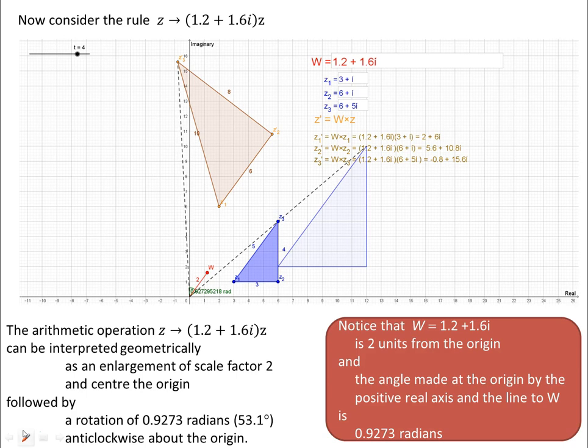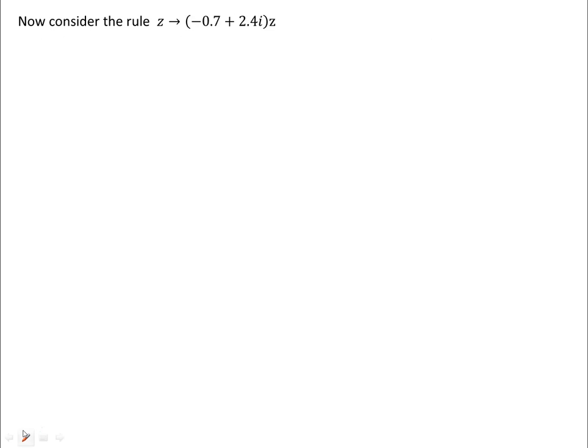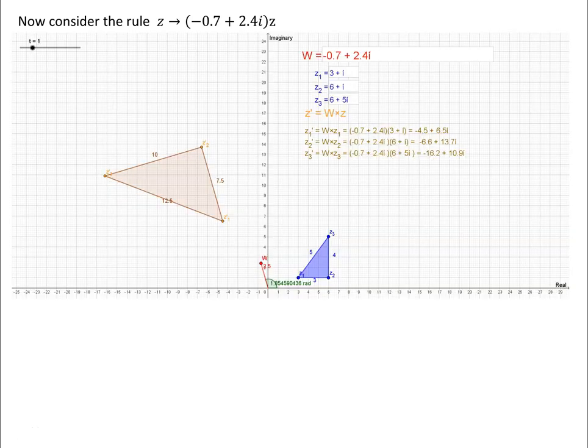Let's now have a look at a similar case where we're taking again a multiplication rule, and this time the multiplication rule is z goes to -0.7 plus 2.4i times z. So here again is the GeoGebra page for this transformation.